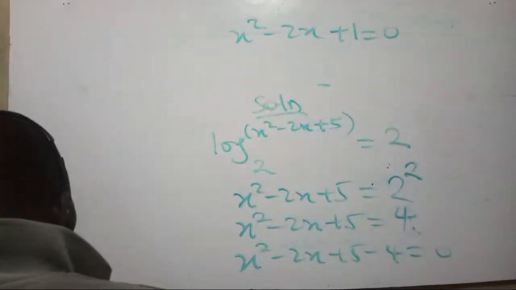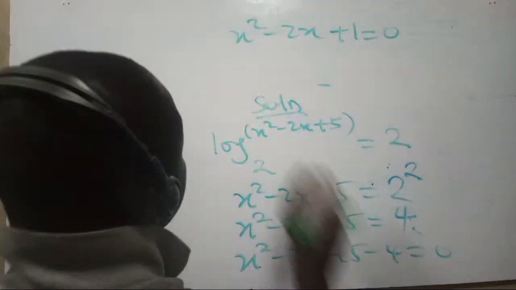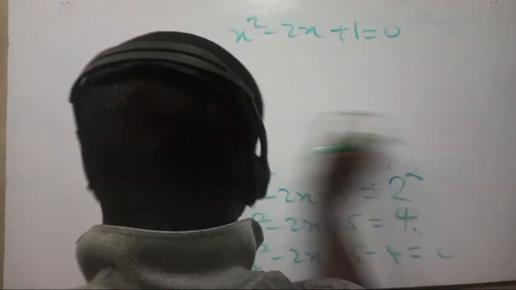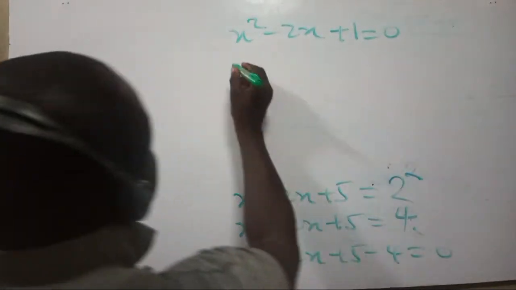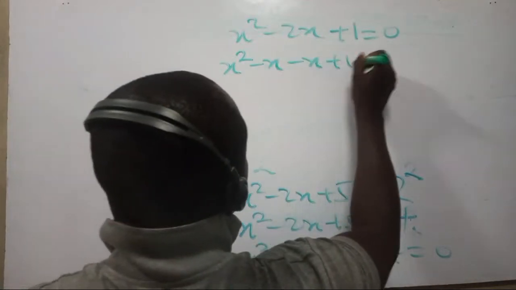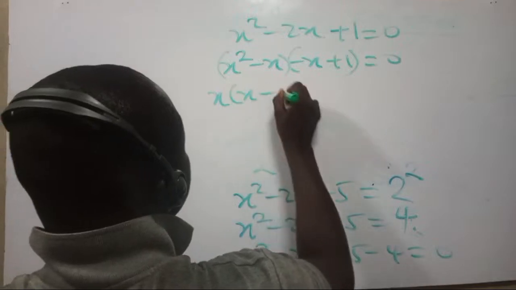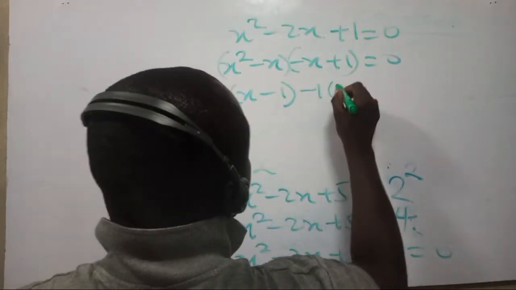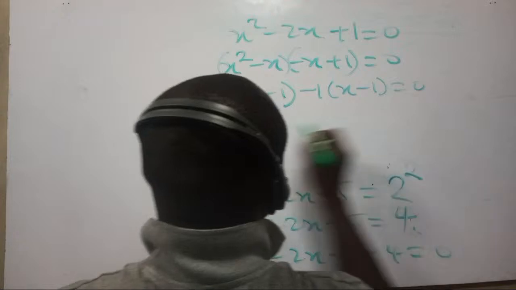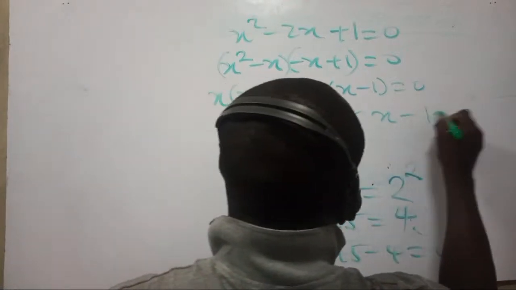Can I simplify this quadratic equation on the board? Yes, I can factorize it. So this will be x squared minus x minus x plus 1 equal to 0. So I do the grouping. I have x here, so I will have x minus 1. I have minus 1 here, so I have x minus 1 equal to 0. So x minus 1 equals 0 or x minus 1 equals 0.